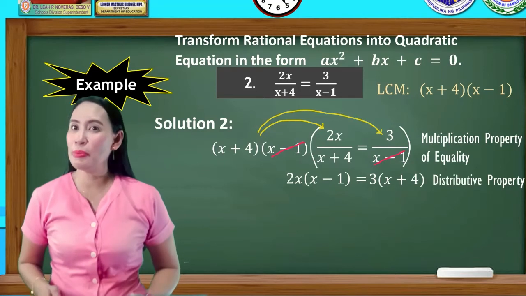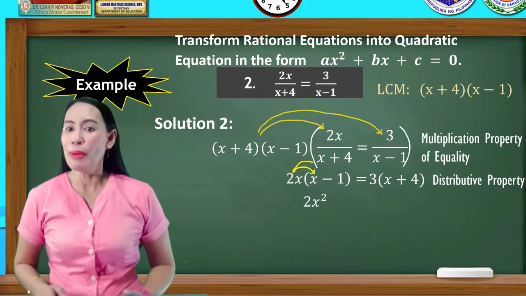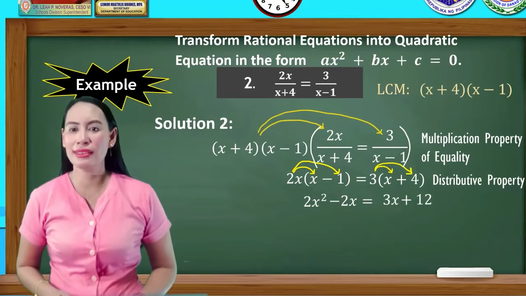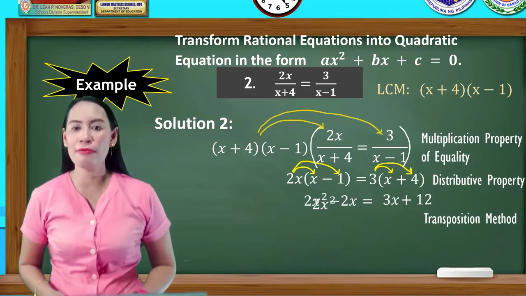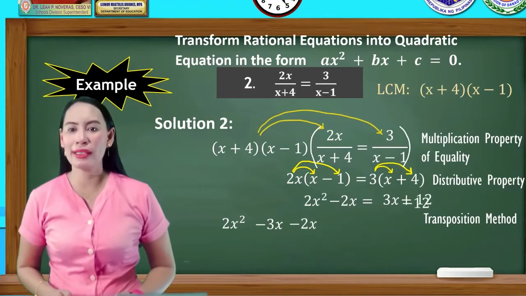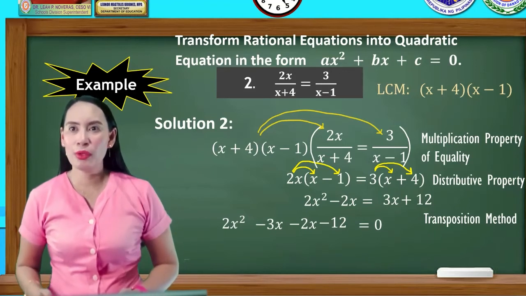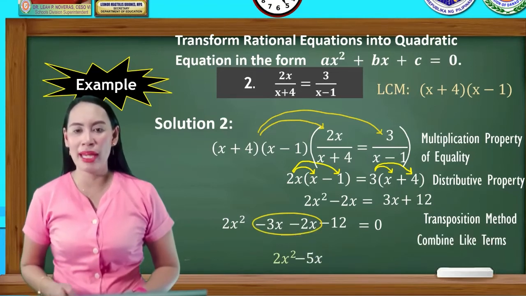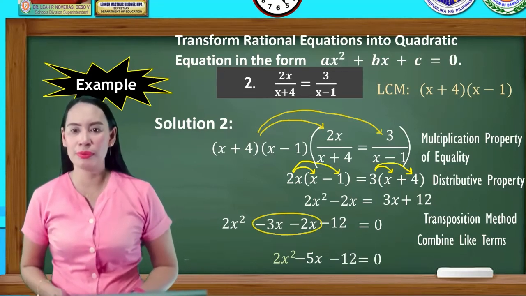Then, by distributive property, it becomes 2x squared minus 2x equals 3x plus 12. And by transposition method, we have 2x squared minus 3x minus 2x minus 12 equals 0. Then, combine like terms. Negative 3x minus 2x equals negative 5x. Next, negative 12 equals 0.